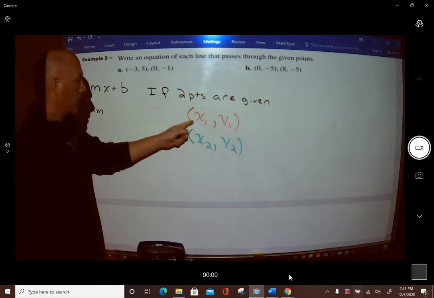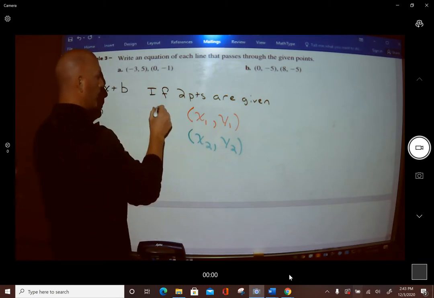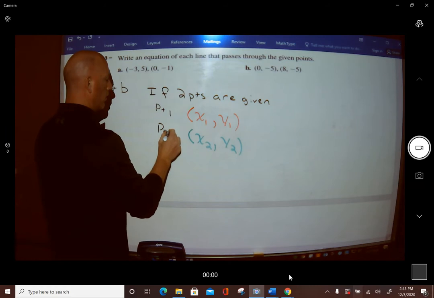Now you could call it x sub 1, y sub 1, x sub 2, y sub 2. All this means is, here's point 1, here is point 2.